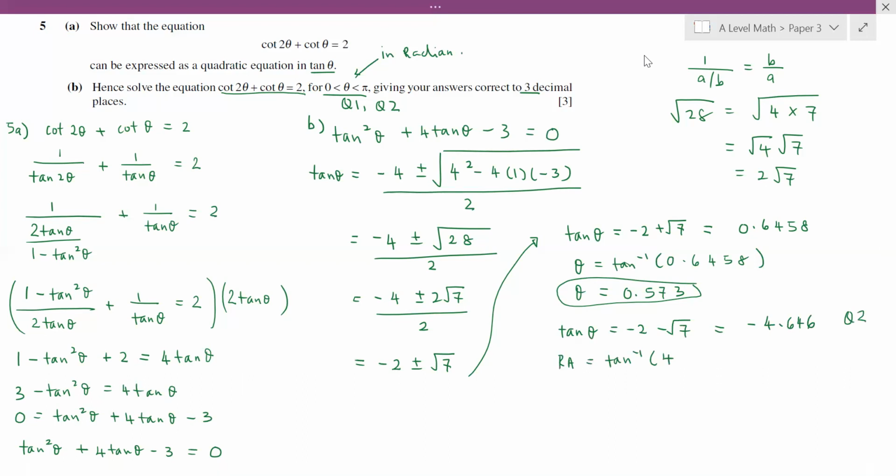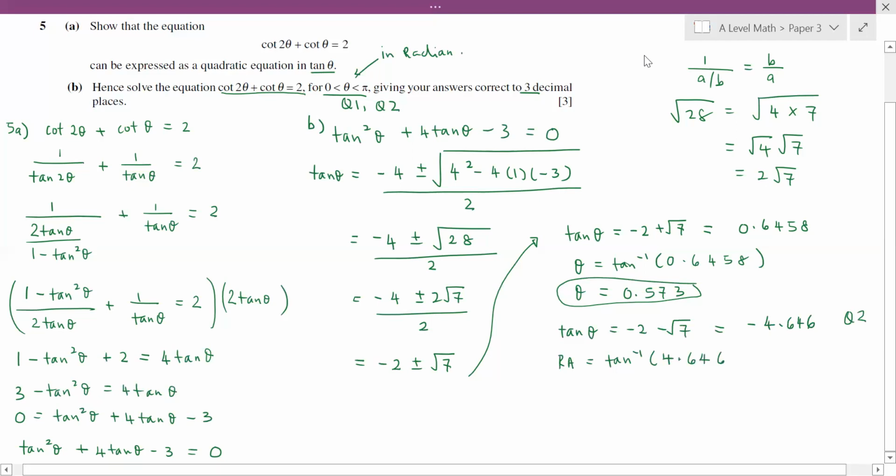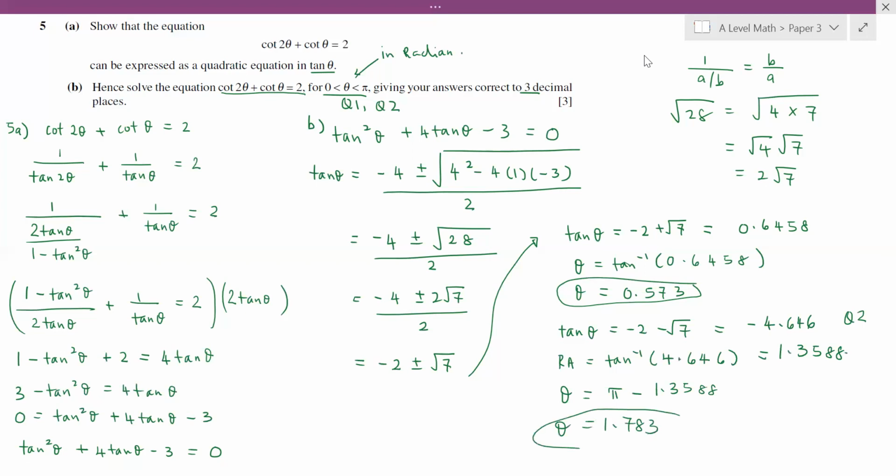We have inverse tangent of 4.646, and that is 1.3588. A quadrant 2 angle is pi minus the reference angle, and that is 1.783 to 3 decimal places.